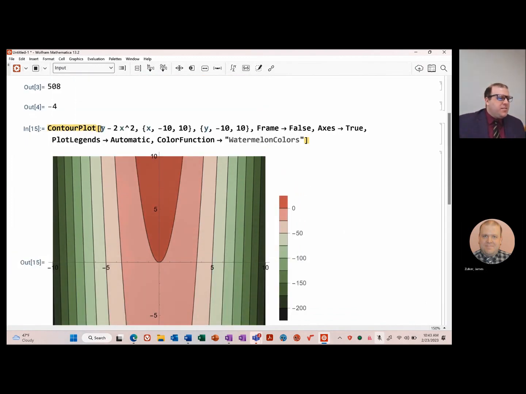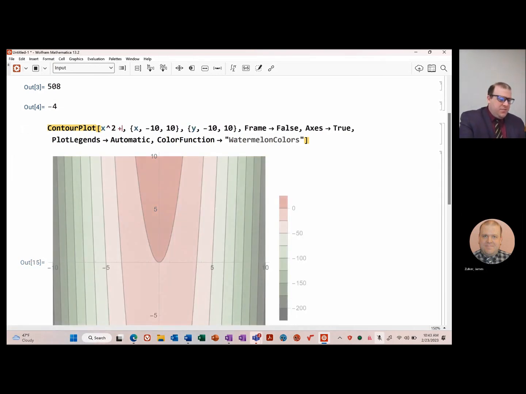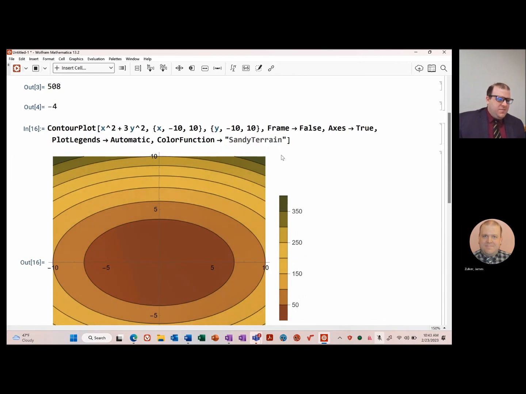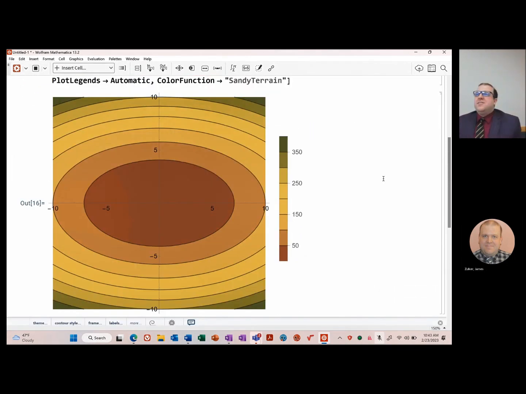I'm actually going to use the same thing. The next function was x squared plus 3y squared. Change this to sandy terrain. Why not?